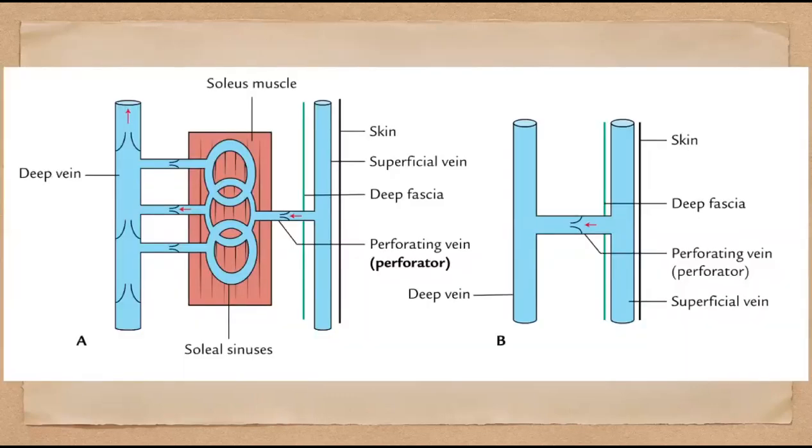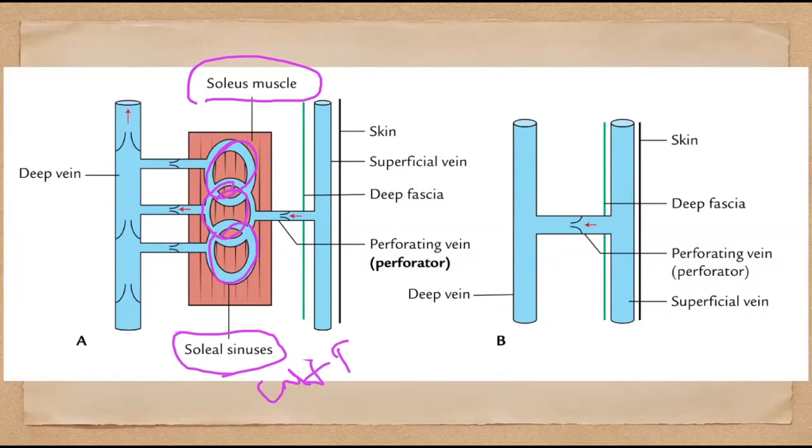You see, this is the soleus muscle, this is the venous plexus, the muscular or soleal sinus. So this is called the peripheral heart or cough pump. This is the deep vein, this is the superficial vein.